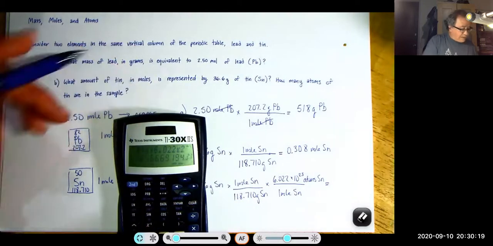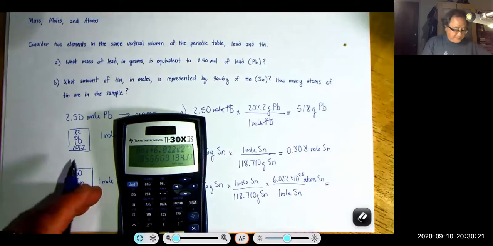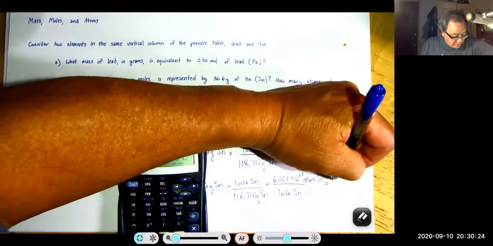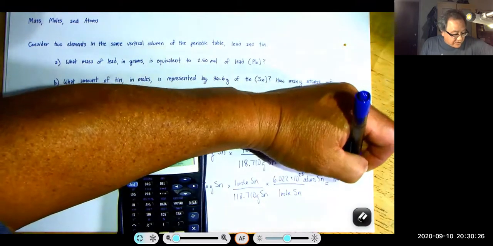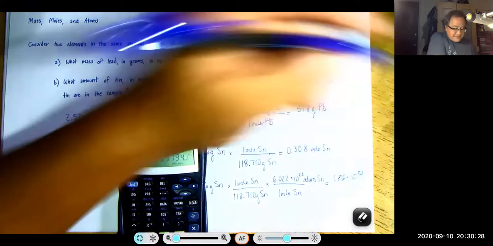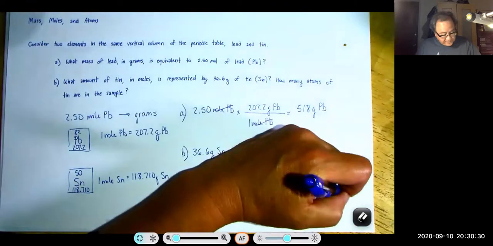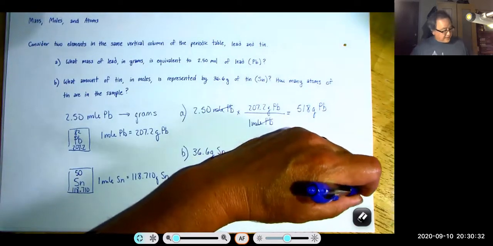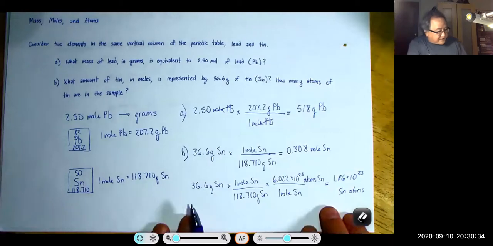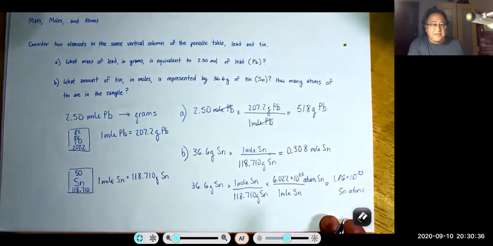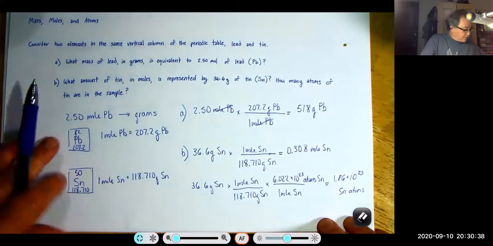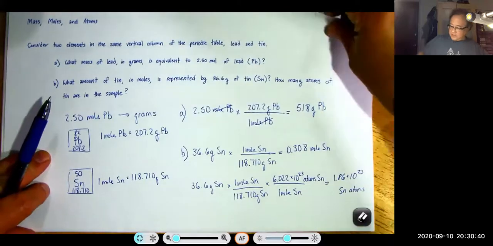And we get 1.86 times 10 to the 23rd tin atoms. And that's the kind of work I would expect to see for how many atoms of tin are in the sample. Okay, let's move along here.